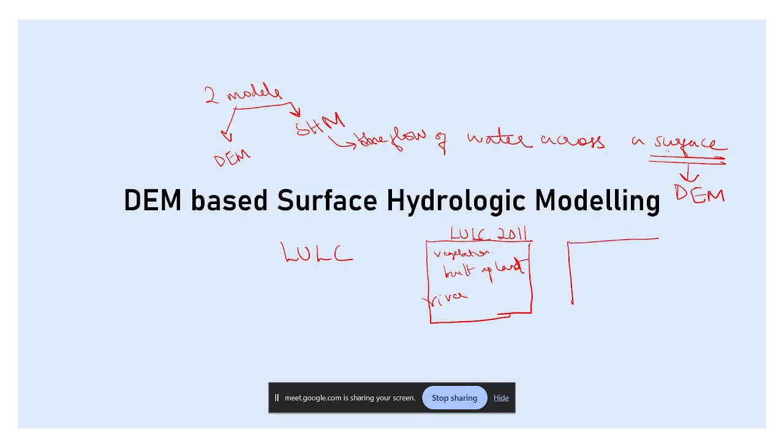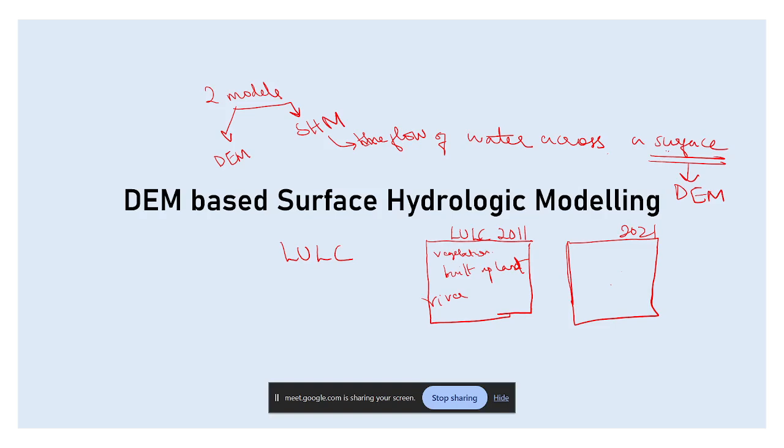Now, if I generate a similar map in 2021, obviously 10 years have passed and a lot of changes might have come. That change can be well accounted for by comparing these two maps. That is, what changes an area has experienced over a period of time. To understand that, we need an understanding of the characteristics of the earth surface and other parameters.